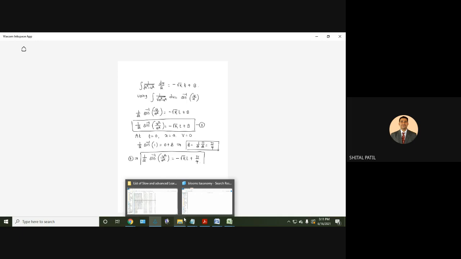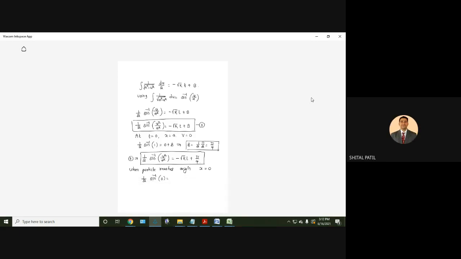Now we want to find the time when the particle reaches the origin. What is 0? x equal to 0. So half sine inverse 0 minus root k t plus pi by 4.